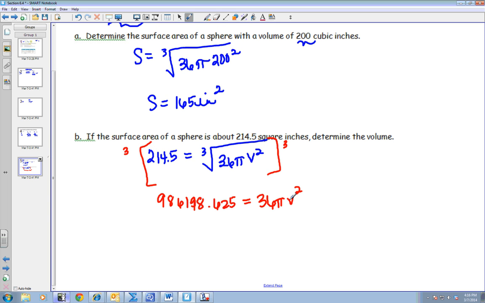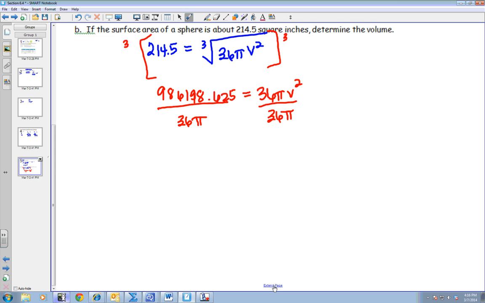Okay, now I'm going to solve for v, so I need to divide by 36 pi. So I get v squared equals this whole thing. We'll put that in our calculator.